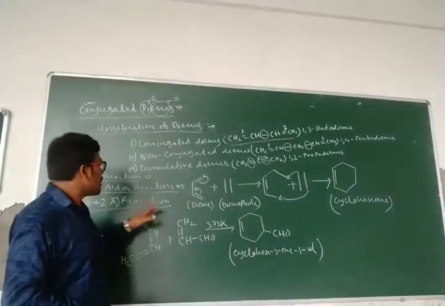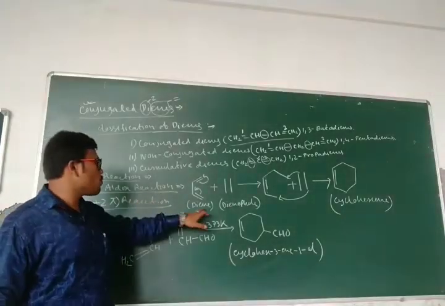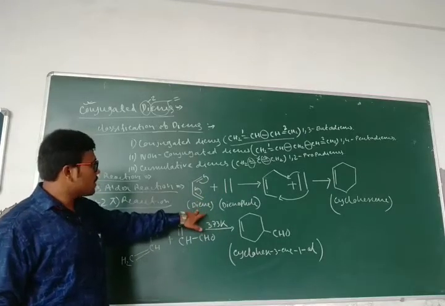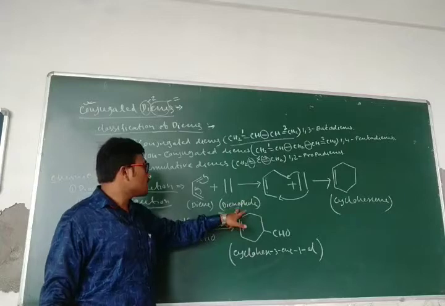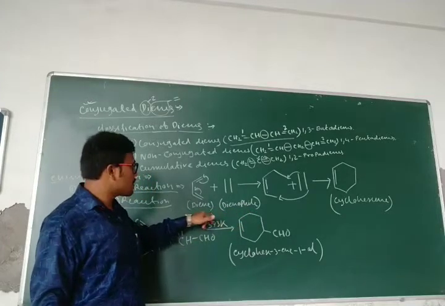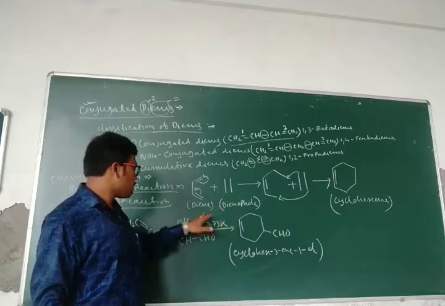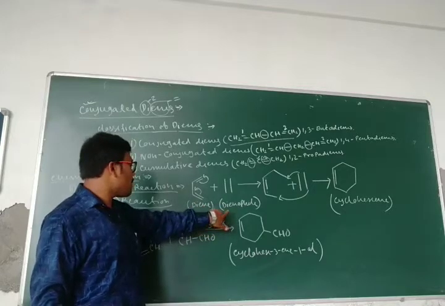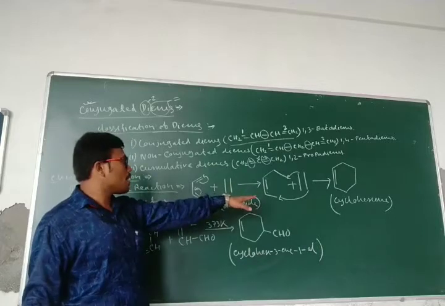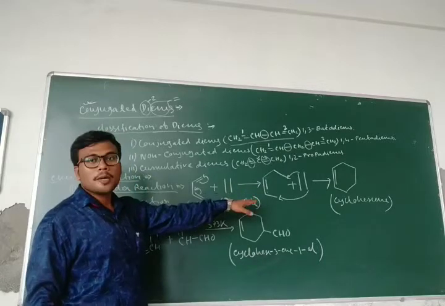In this Diels-Alder reaction, there is one diene, because it is a conjugated diene, and one dienophile. These two compounds react with each other, and I also demonstrate the mechanism here.